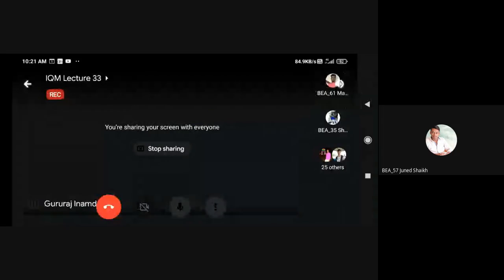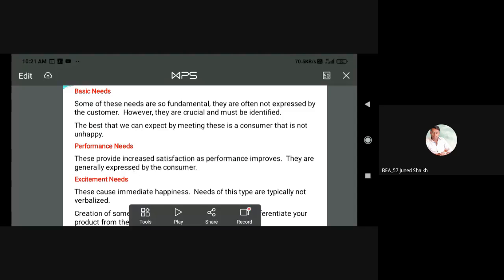Now basic needs for the customer satisfaction. What are the basic needs of the customer? Some of these needs are so fundamental. They are often not expressed by the customer. However, they are crucial and must be identified. The best that we can expect by meeting this is a consumer that is not unhappy.